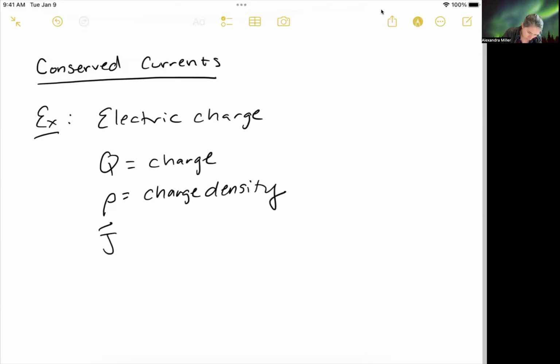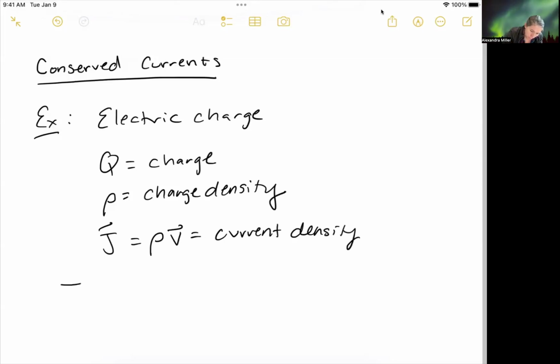And then we can think about a current density, which is thinking about our flow of charge, or our flow of charge density, if you like.